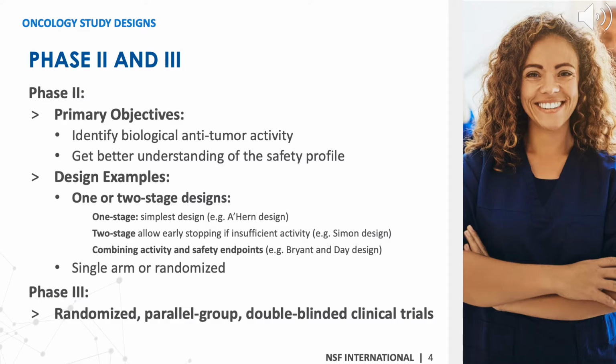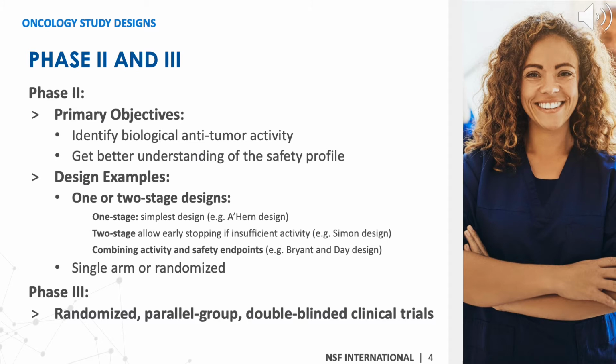Moving on to phase 2 and 3 designs, there are options of 1 or 2-stage designs. In a 2-stage design, patients are divided into 2 groups or stages. At the completion of first stage, an interim analysis is planned to determine if the second stage should be conducted.